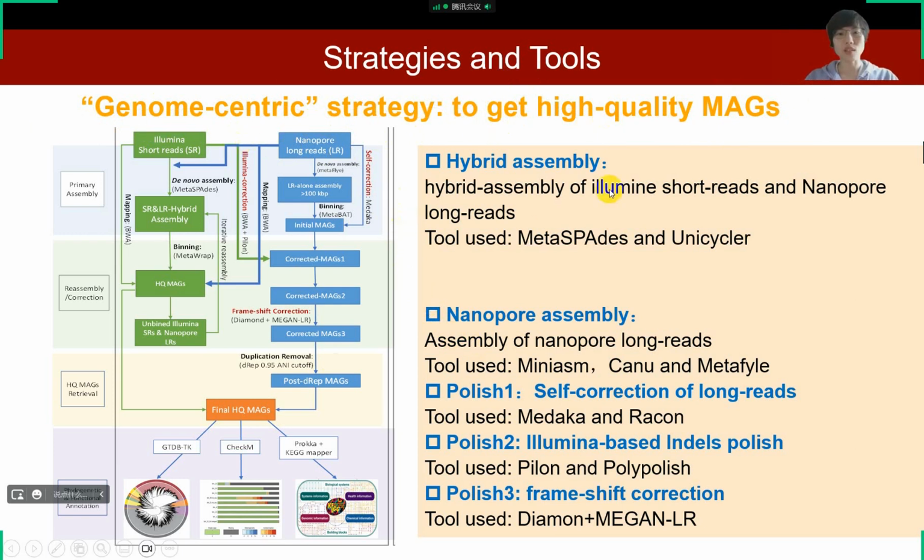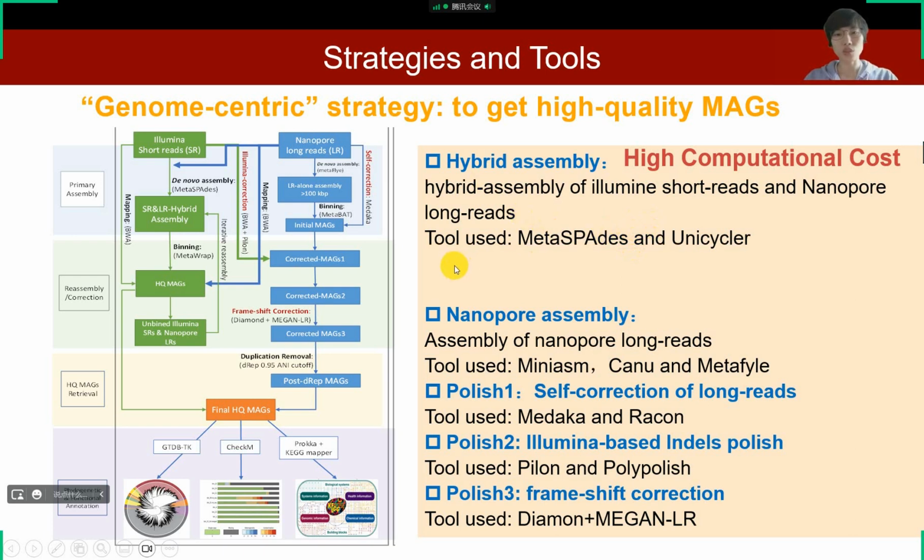The first one is known as the hybrid assembly, in which the Illumina short reads and nanopore long reads will be hybridly assembled together to get the primary assembly for subsequent analysis. The challenge of this hybrid assembly is the high computational cost. Usually, a lot of RAM and core time are needed to finish this hybrid assembly.